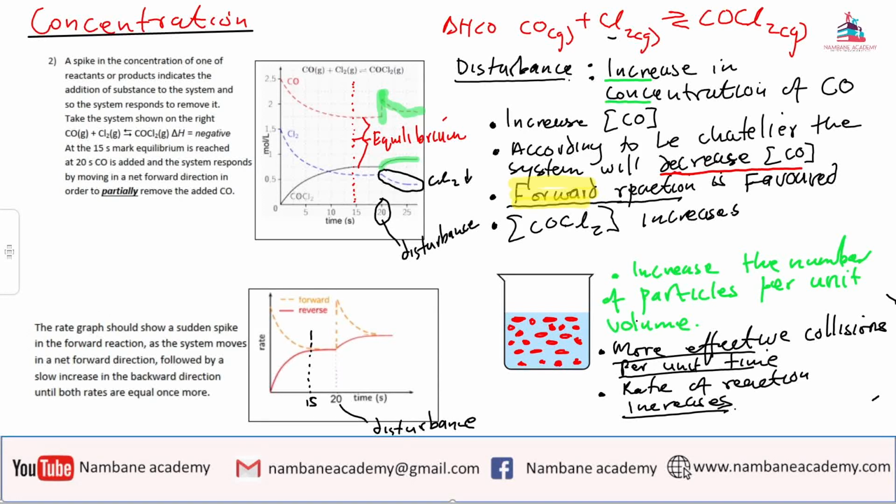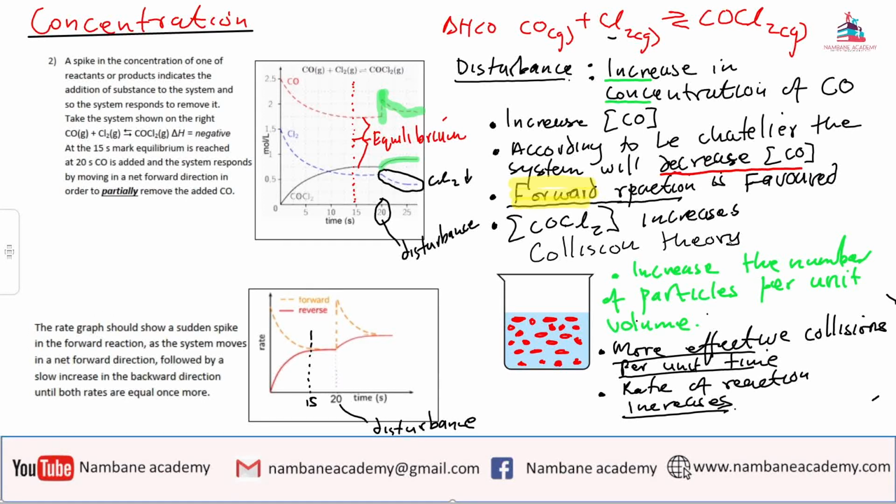Because now applying Le Chatelier in connection with the rate or the collision theory, it allows us to actually see and know for sure which reaction is going to have a higher rate. That is very, very important. So the very first one is Le Chatelier, and this is now the application of the collision theory.